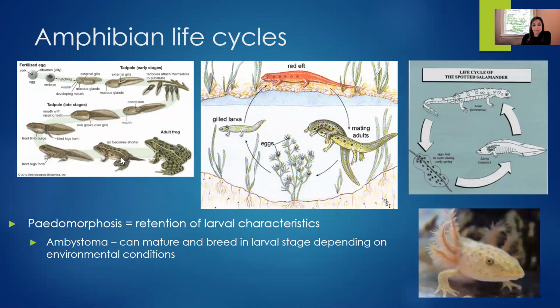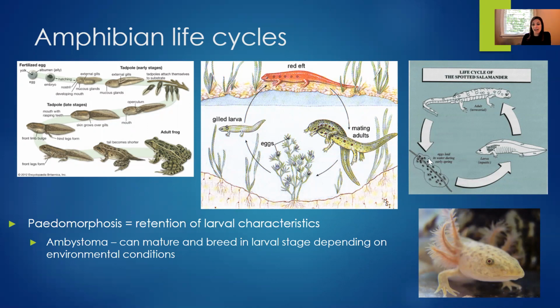And then the adult loses the tail. We have an adult frog here. And depending on the species, may move more or less to land, but they're able to survive out of the water at this stage.